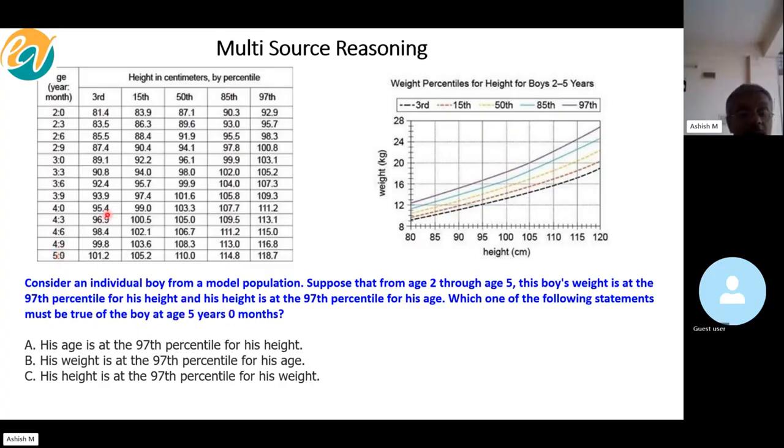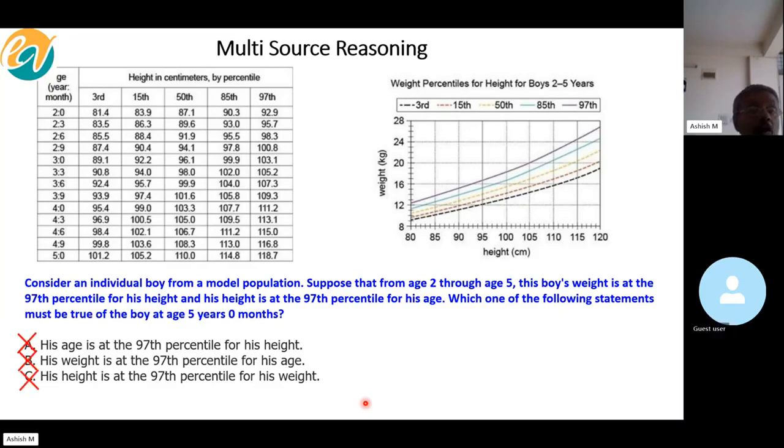And the point, and this is what I want you to understand, Shivang, is that given these, notice, what is given to us? Weight is in the 97th percentile for his age. What is B saying? Weight is in the 97th percentile for his height. So we cannot conclude that height is at the 97th percentile for his weight. In fact, none of these three can be concluded.